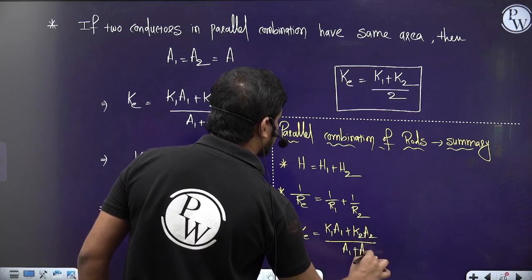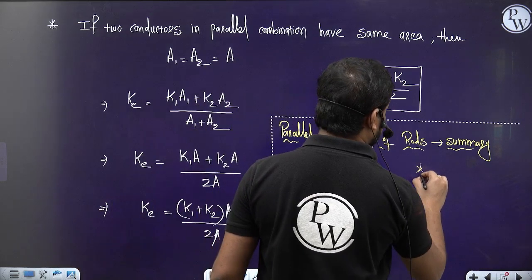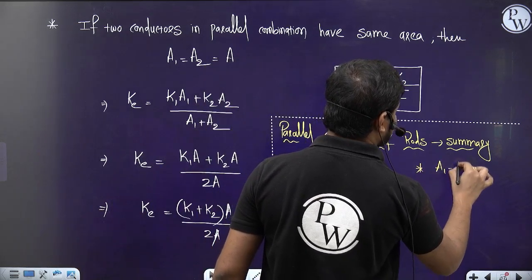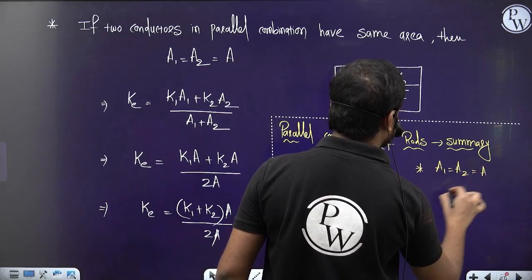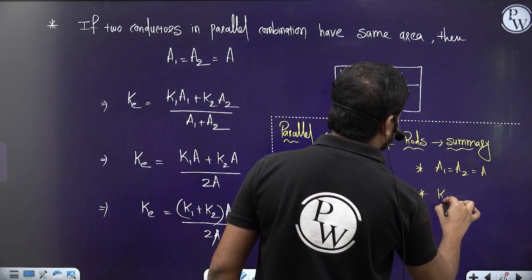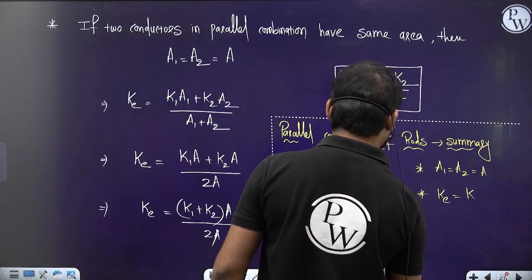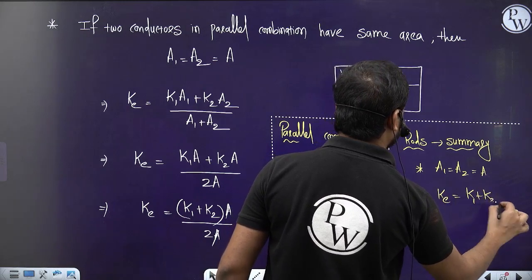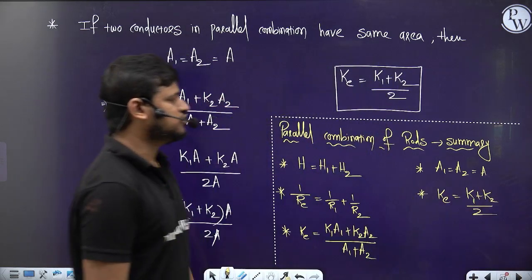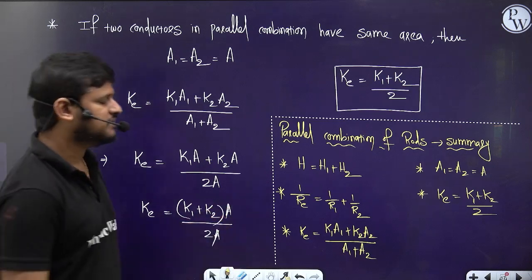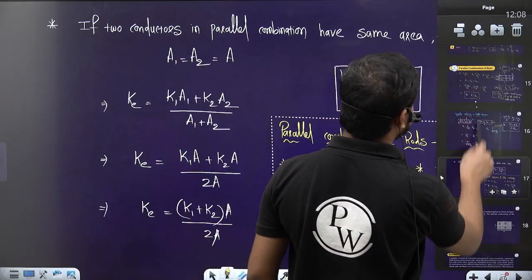If they have the same area, A1 is equal to A2 is equal to A, then the K equivalent will become K1 plus K2 by 2. So this is the parallel combination summary, and this is the series combination summary.